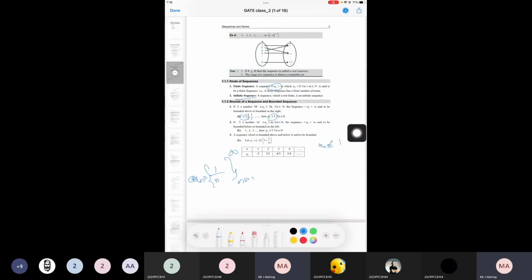Next we see the bounded below definition. Suppose you consider the example 1, 2, 3 and it goes on. Here an is a sequence where n tends from 1 to infinity, that means 1, 2, 3 and it goes on up to infinity.